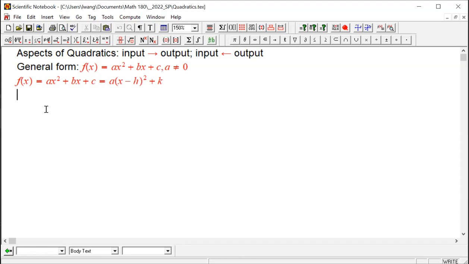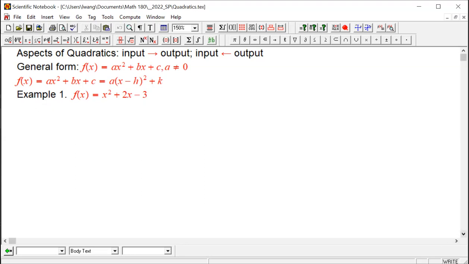Okay, so the first example, number 1. We are given a quadratic function, which is x squared plus 2x minus 3.